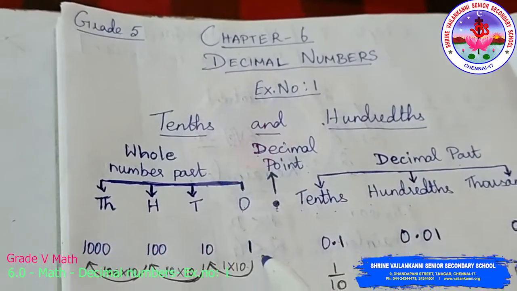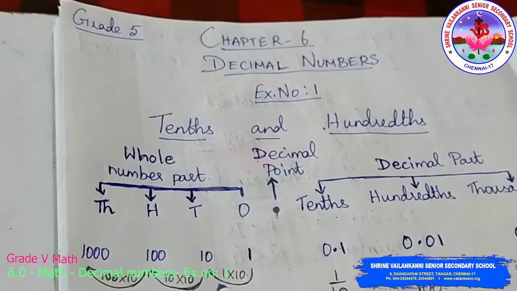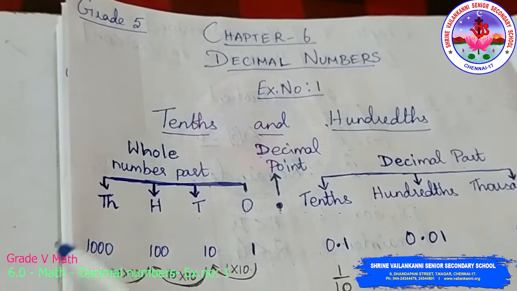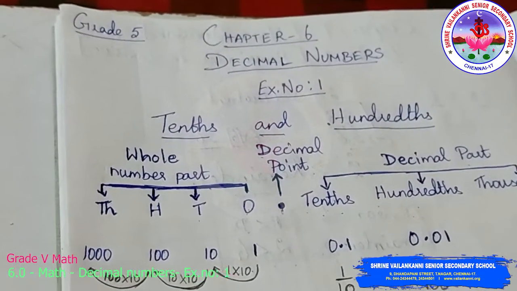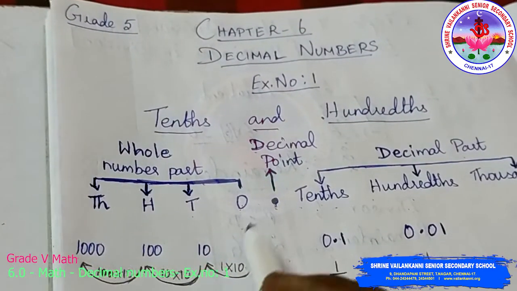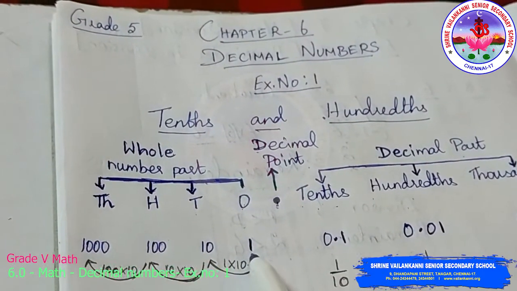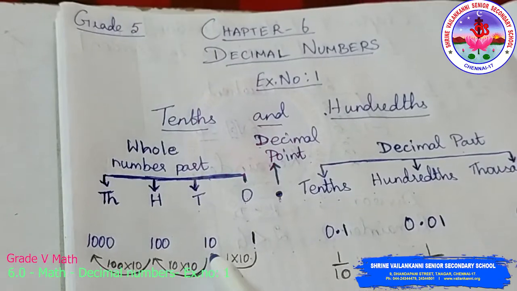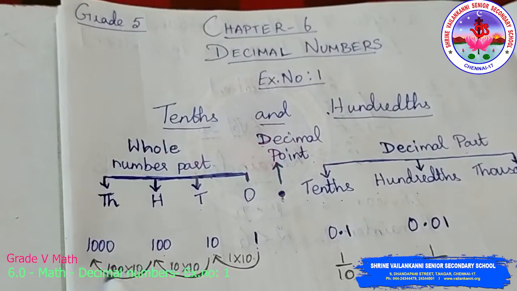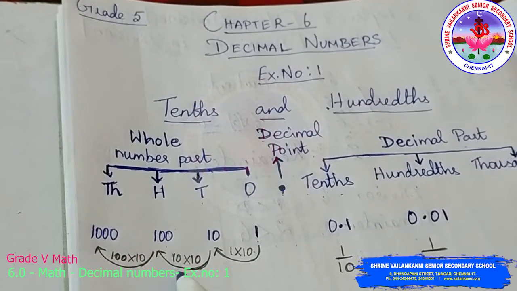And you know very well that we have values for ones, tens, hundreds, thousands, 10,000, and it keeps on moving. And I also taught you how to get these values. The value of the ones place is 1. The value of the tens place is 10, then 100, 1000. I have taught you briefly in chapter 1.